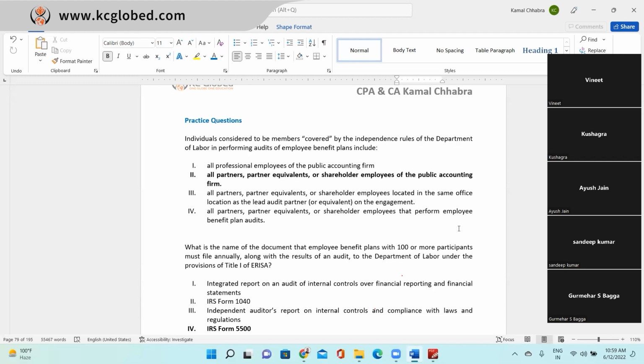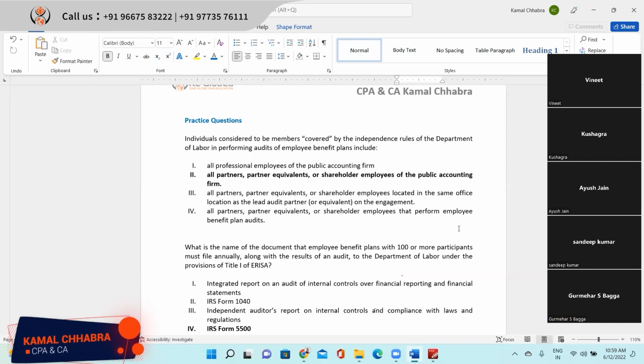We covered the topic of members. I agree, sir. But individuals considered to be covered by the independence rules of the department in performing audits of employee benefit plans means individuals, relatives, immediate family, all those people, sir. No, what is a covered member?